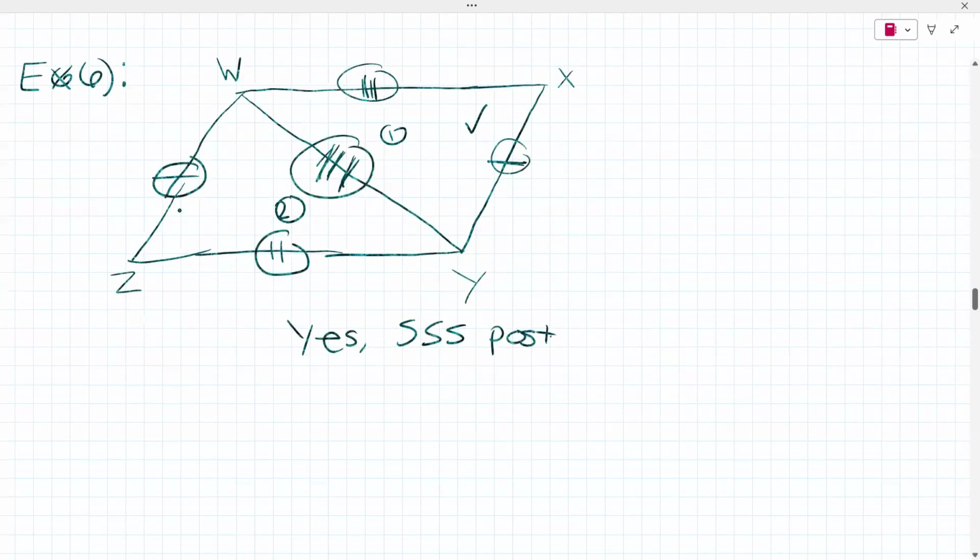And you can say triangle ZWY is congruent to triangle XYW. Let's move on.